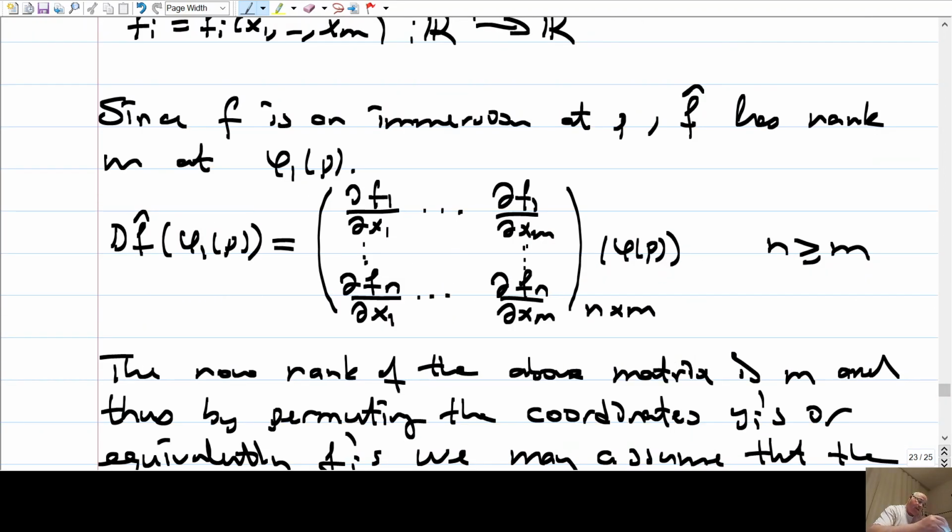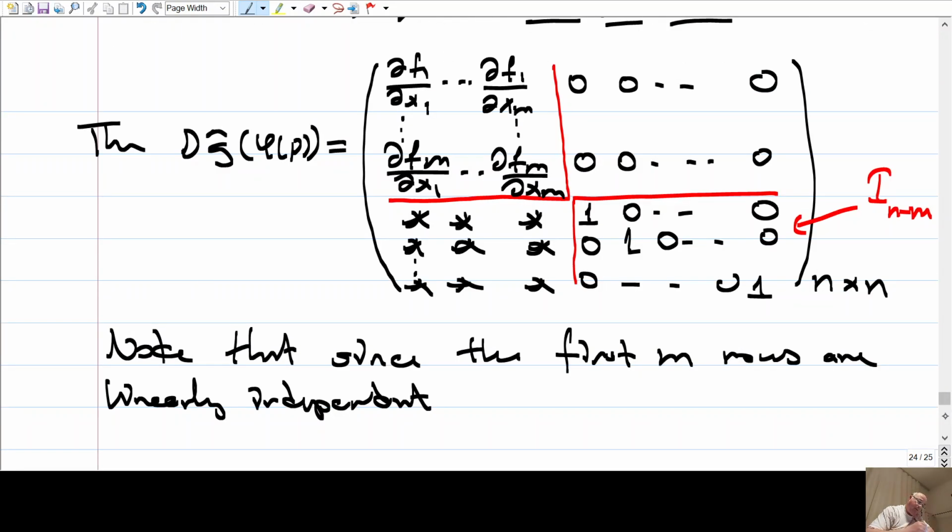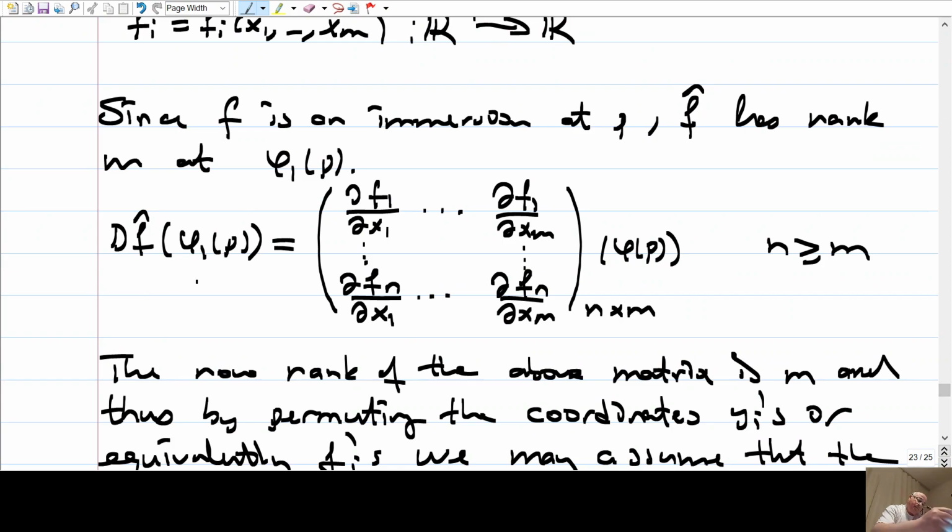Because I know that the first m rows of this matrix are linearly independent, and the first m rows of those are just these gadgets. So they are linearly independent, and here I have the identity matrix. We see that the Jacobian of this gadget, I guess this should be phi 1, right? Yes.